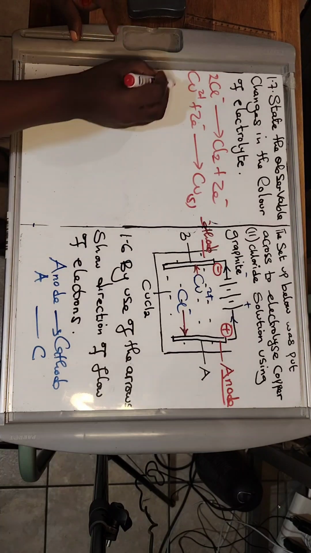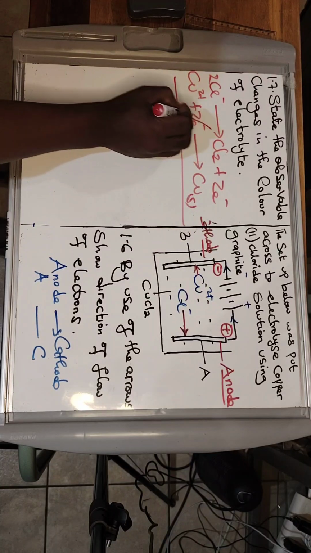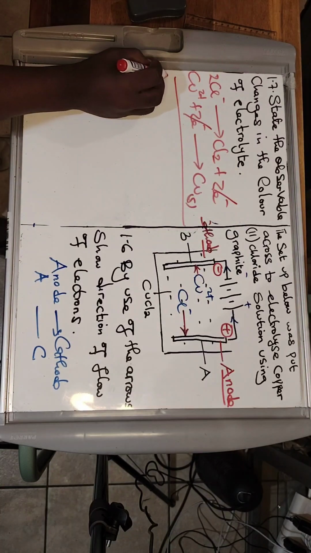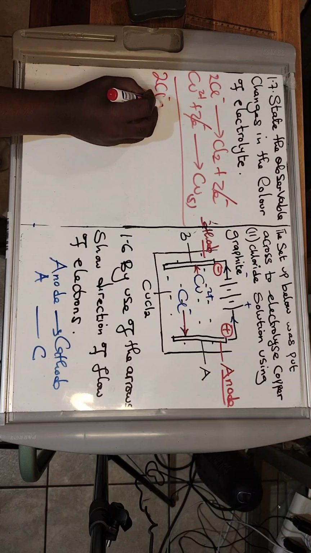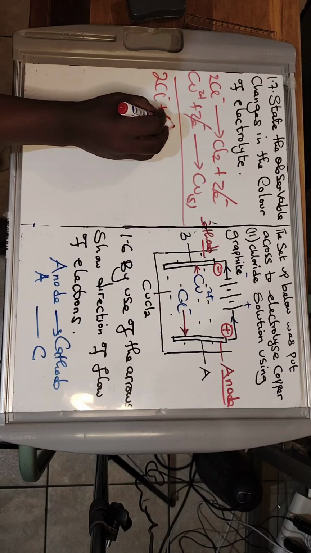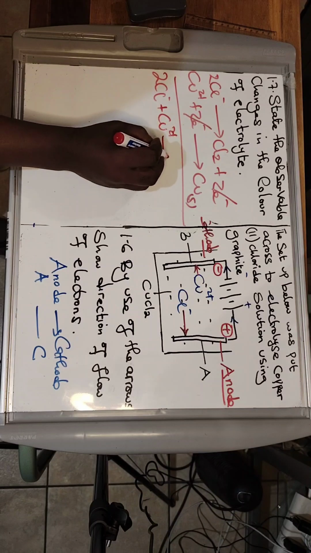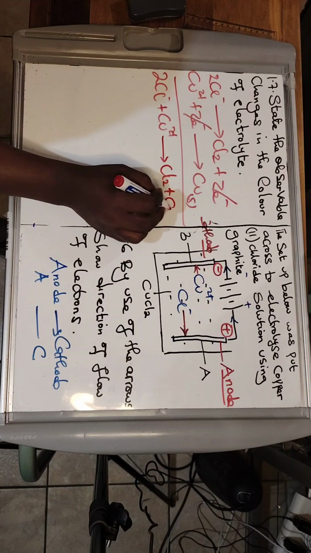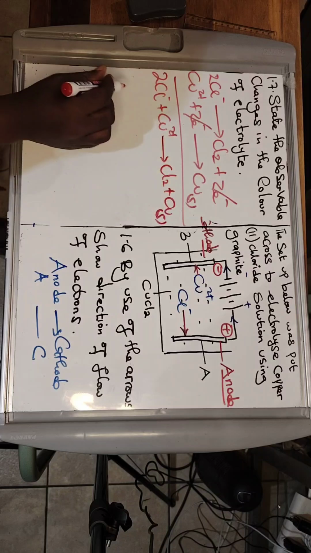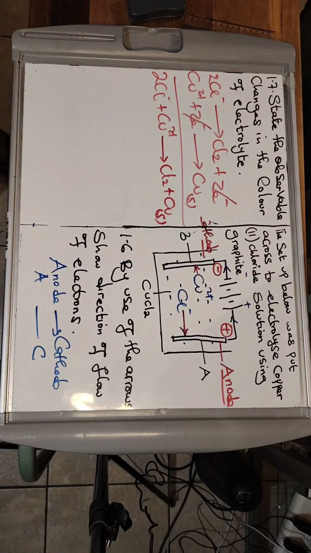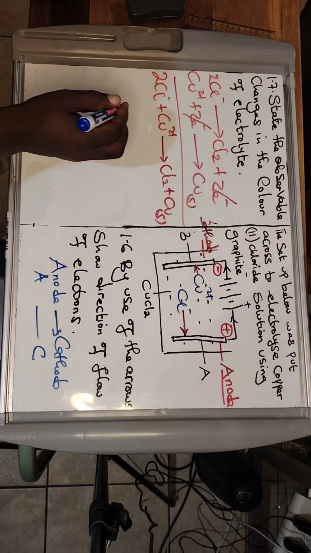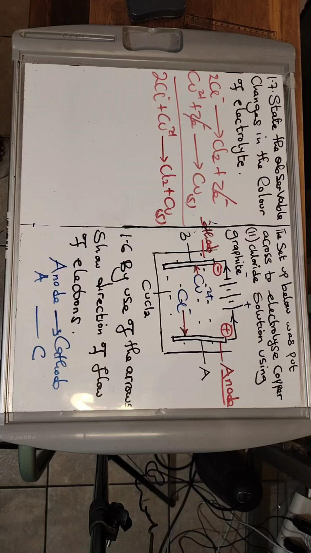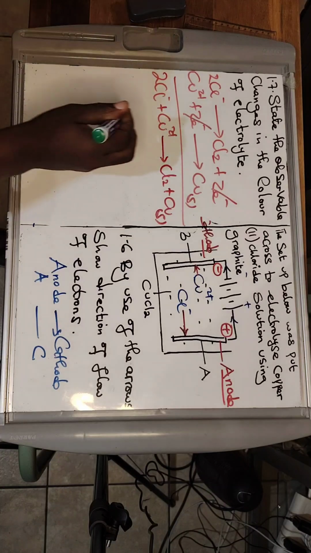Now, the net which comes out of this will be 2 chloride ions plus Cu2+, giving you chlorine plus copper solid. Now, not every change here can indicate color change, but we cannot overlook this one.